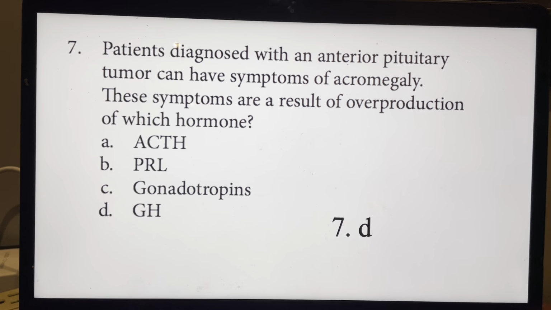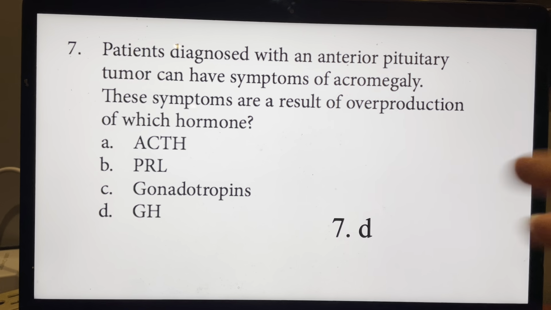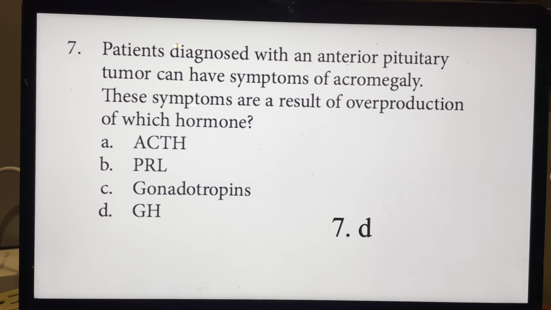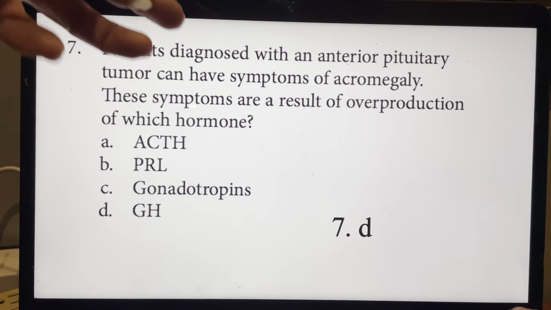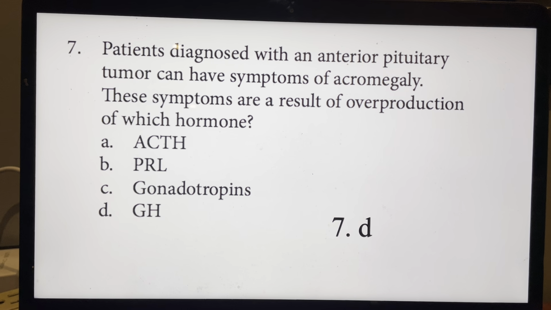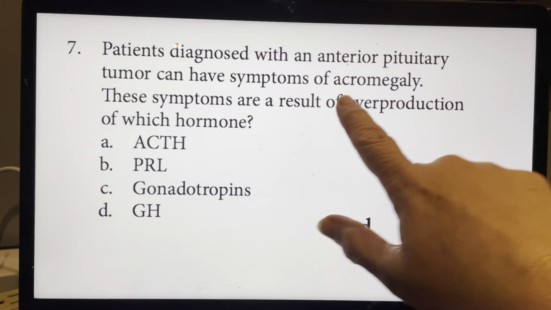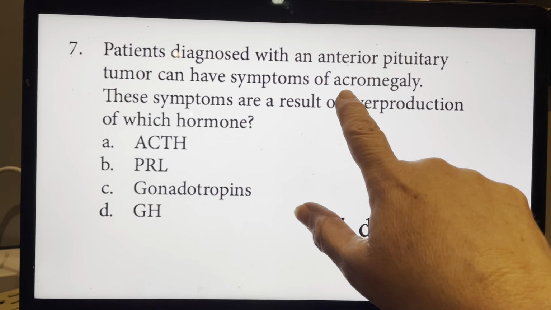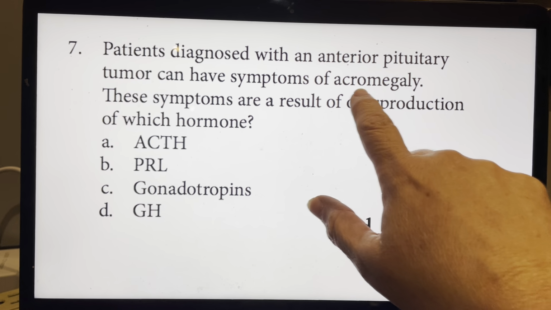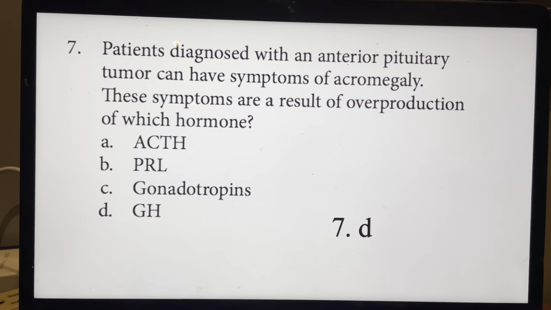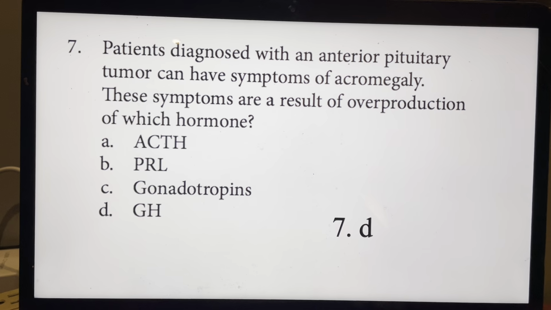If their epiphyseal discs in their bones had not yet calcified, then they would get giantism and their bones would grow big until they were calcified. But a lot of times these people, they'll have a jutted out jaw and their forehead will get thick. Anyway, we're going to pray for them.